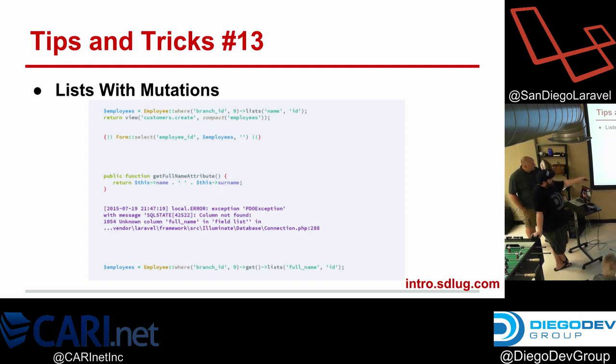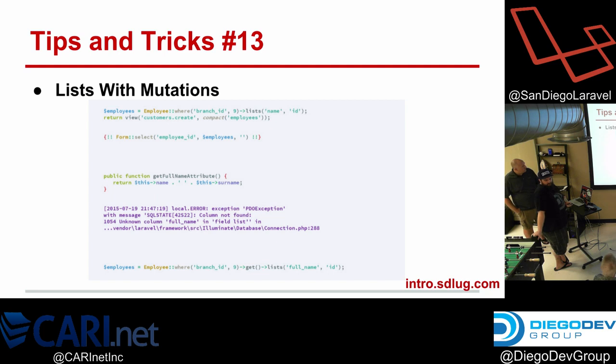After you call get, you're working with the collection object. In the query builder object, if you say lists, then it uses the select statement in MySQL to try and select the column. If you use the collection to call lists, then the collection knows how to resolve to mutators instead.